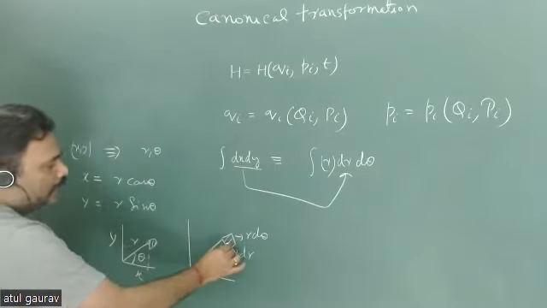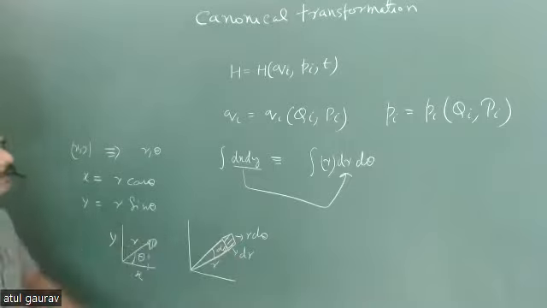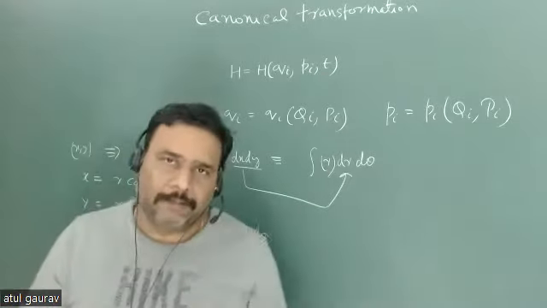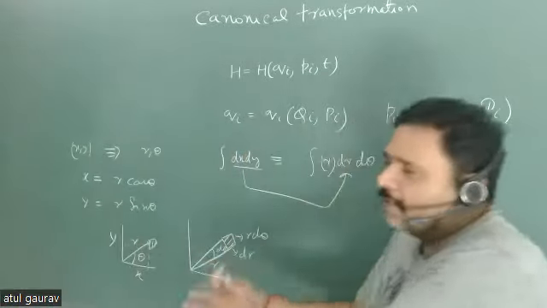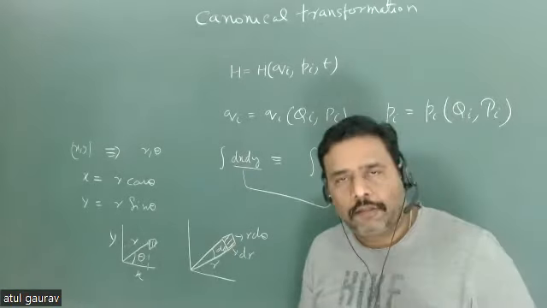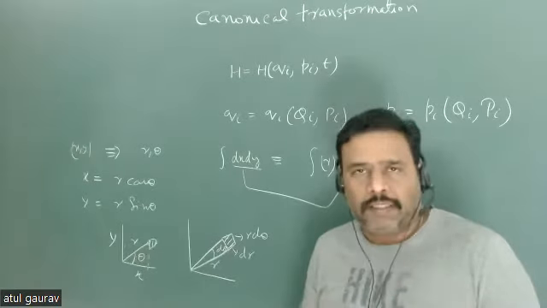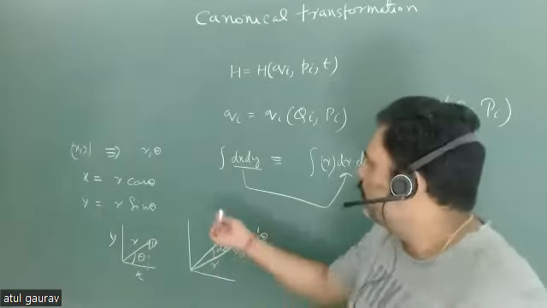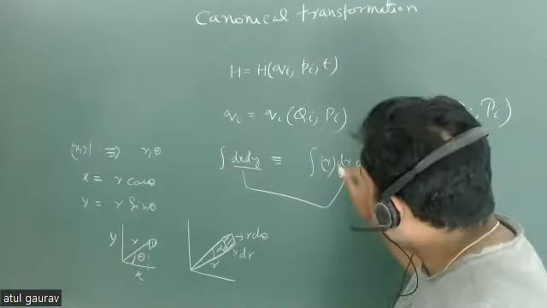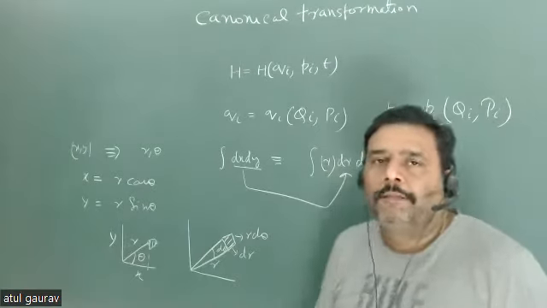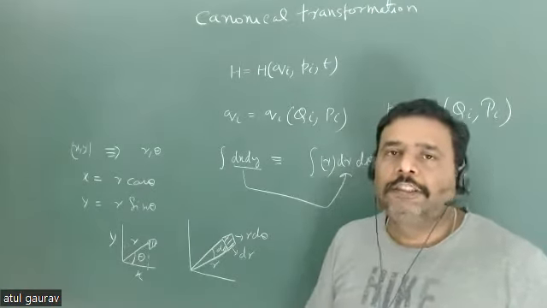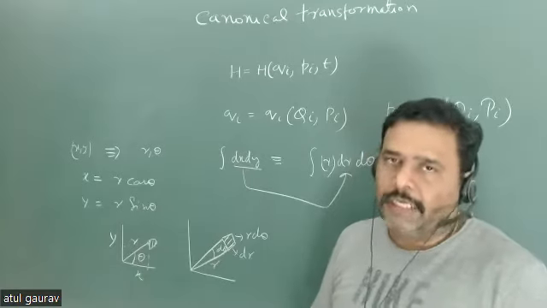Then this area, which is equivalent to dx into dy, is equal to r dr d theta. So in a configuration space, we are very comfortable doing the geometrical calculation, so we can easily write this. But this r is nothing but the very famous Jacobian of the transformation. And what is this Jacobian?